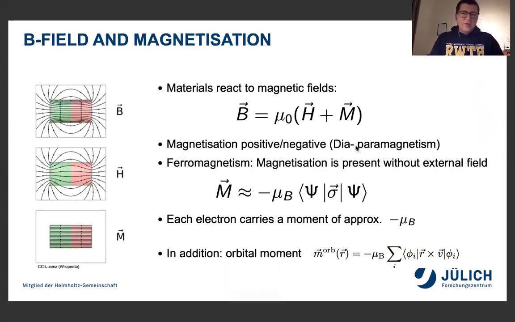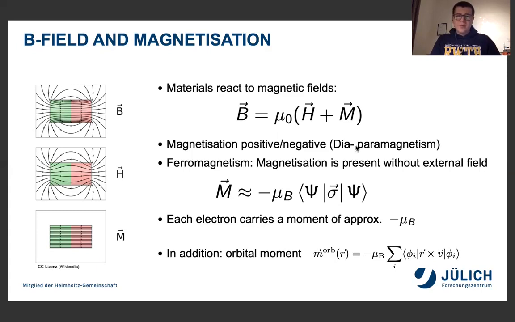If we're talking about magnetism, we always have to talk about magnetic fields and magnetization. There are diamagnetic and paramagnetic materials, which is basically a way of describing the sign of the magnetization of the specific material. There are also ferromagnetic materials, which exhibit a magnetization that is present without any external fields.